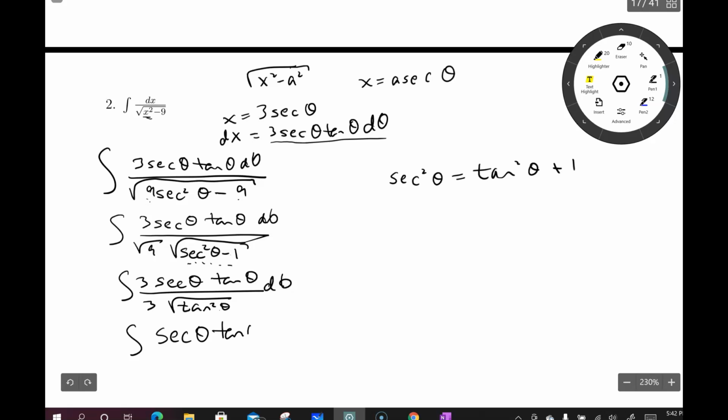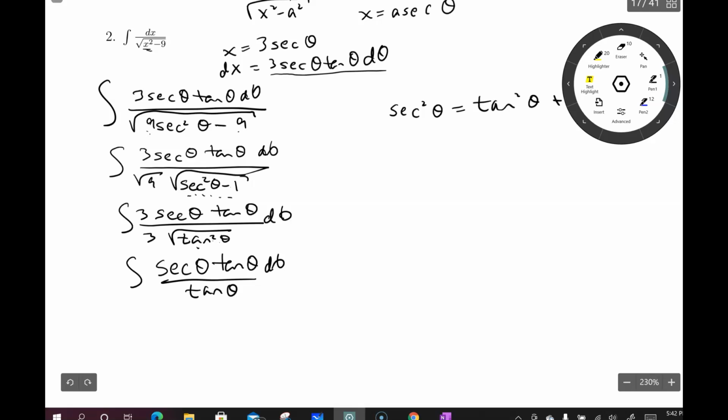So tangent squared, square rooted, is tangent. Oh, look at that. What happens there? The tangents go away, so I just have the integral of secant. Do we know the integral of secant? You do. It's the natural log of secant of theta plus tangent of theta plus c.